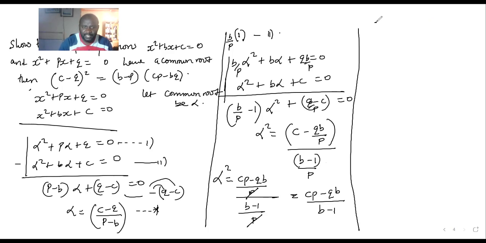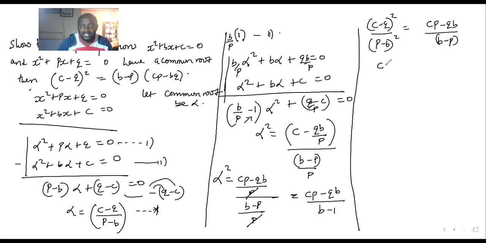Now we can square c minus q over p minus b. This can give us cp minus qb, all is over b minus 1. How did I get b minus 1? It's supposed to be b minus p, because the p crosses up. It is b minus p. But I told you b minus p is the same as p minus b if one of them is squared.